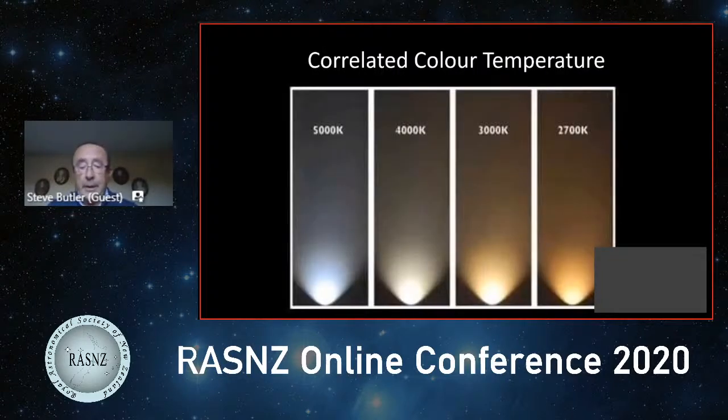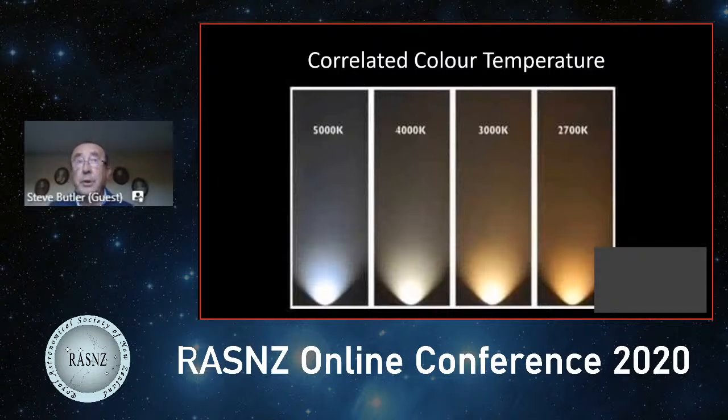If we look at artificial lighting sources, there's an indication of, say, a 5,000 degree Kelvin LED lamp, which perhaps has quite a bluish white tinge, a very blue rich white light source. 4000 Kelvin has less of that blue, 3000 Kelvin is a slightly warmer colour again, and then 2700 on the right is quite a warm light source.